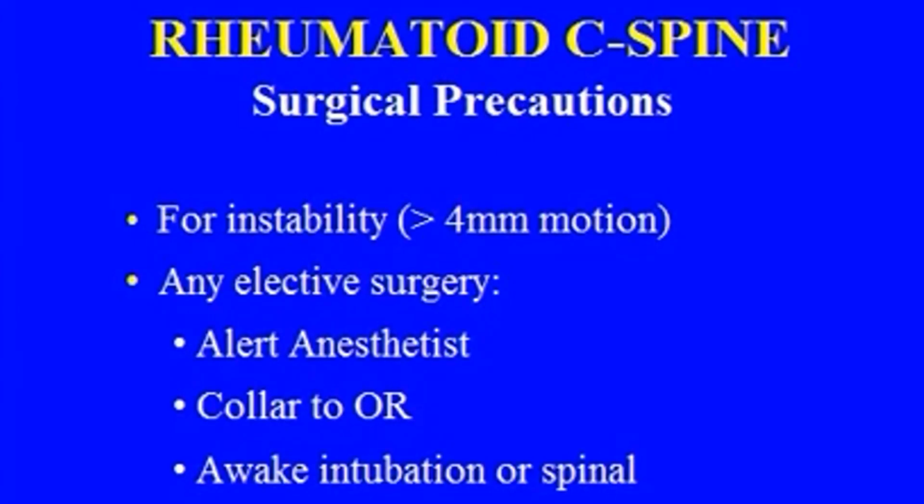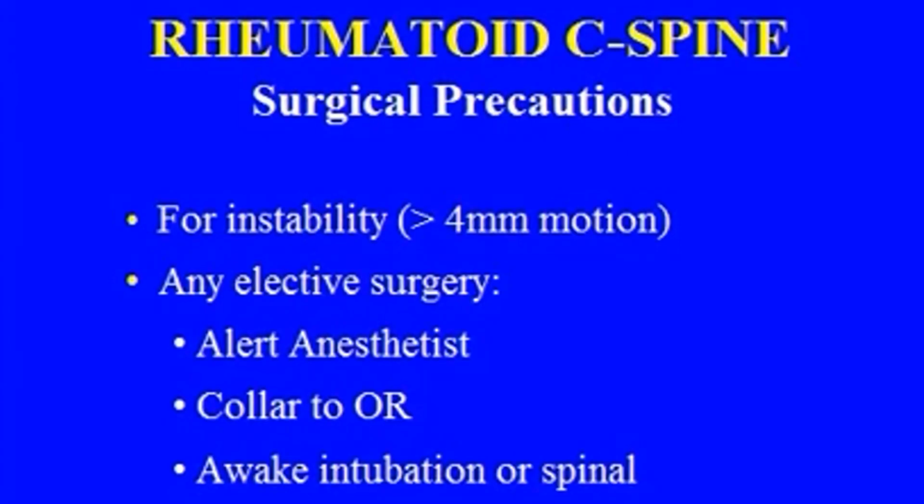If you have a patient who has rheumatoid arthritis and you're operating for any other condition, you have to warn the anesthesiologist, because you can lose the patient if the anesthesiologist is not well acquainted with the patient.